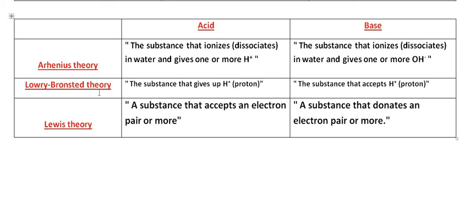According to Lowry-Bronsted theory, the acid is a substance that gives up H plus, while the base is the substance that accepts H plus. According to Lewis, the acid is a substance that accepts an electron pair or more. According to Lewis, the base is the substance that donates, meaning gives, an electron pair or more.